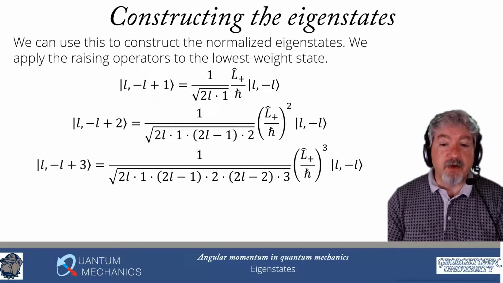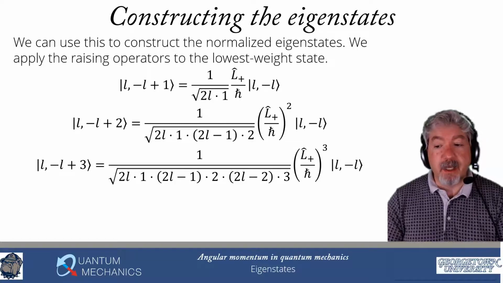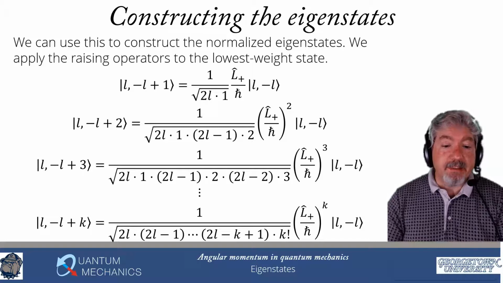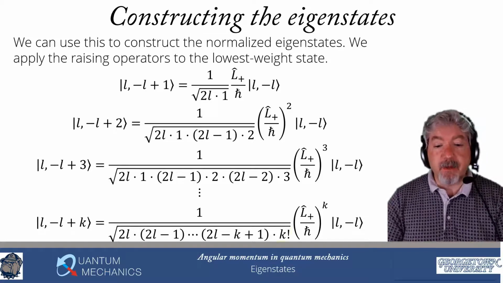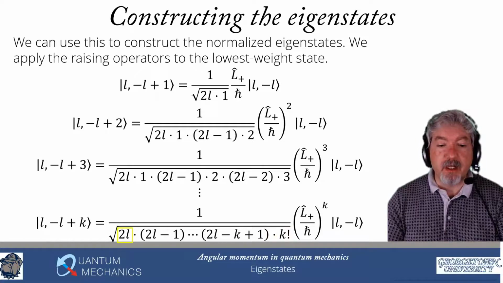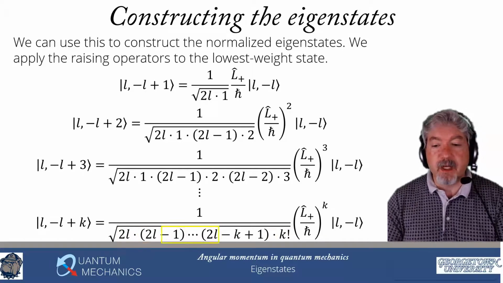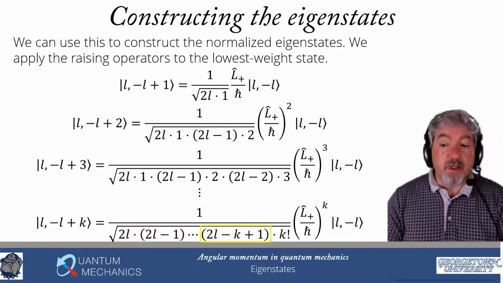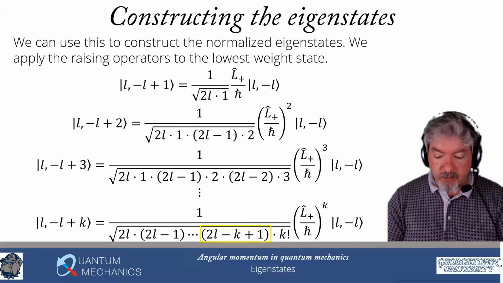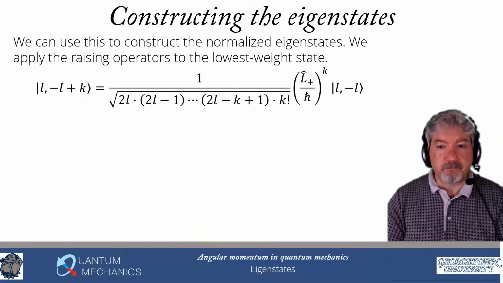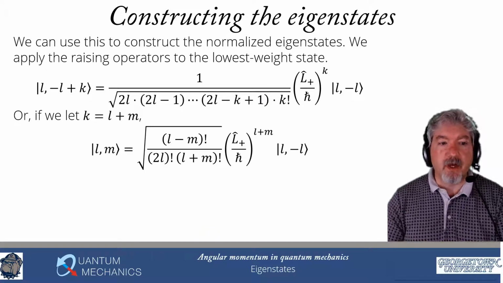If I do that a third time, I again apply the L plus one more time and divide by a factor. I can now do this k times, and you see we're starting to get a pattern. I'm getting a k factorial in the denominator, and I'm getting a 2L all the way multiplied out to 2L minus k plus 1. We can rewrite this in general in terms of factorial functions.